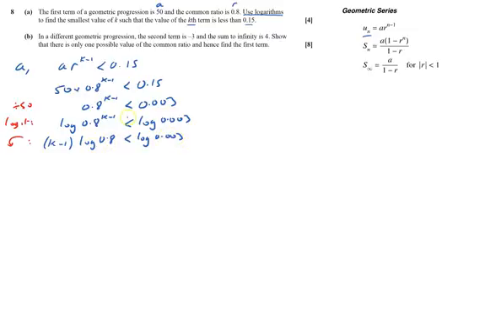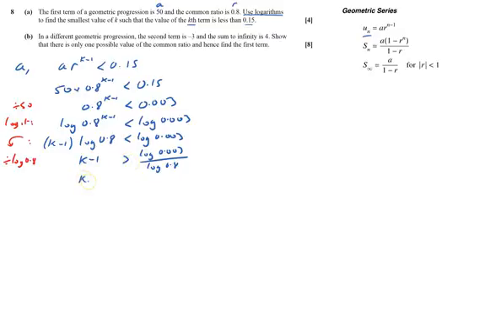Divide both sides by log of 0.8, and that'll be k minus 1 and that'll be log 0.003 divided by log 0.8. But when I divide by log 0.8, that bit, it doesn't look negative, but it is actually negative, and since it's negative, that sign has to swap.